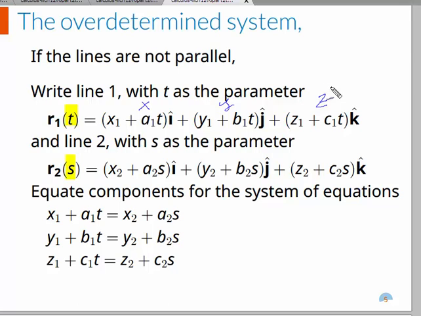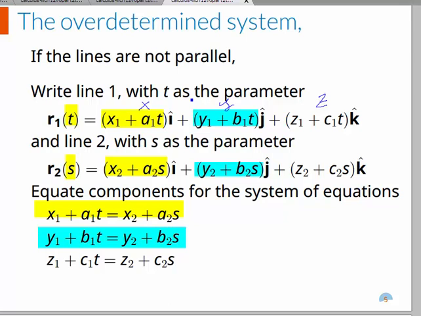The x value from r1 has to equal the x value in r2. So we equate those. That gives us one equation in our system. The same holds for the y's. So here we have the y from r1 has to equal the y in r2, and we write that as the second equation in our system of equations.